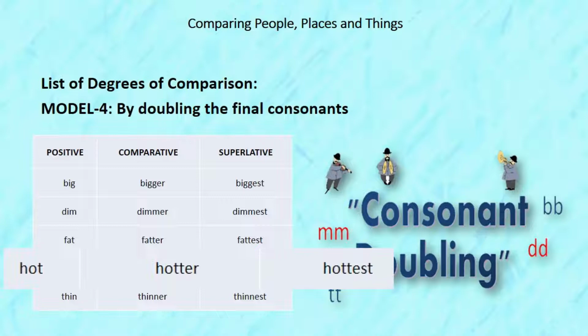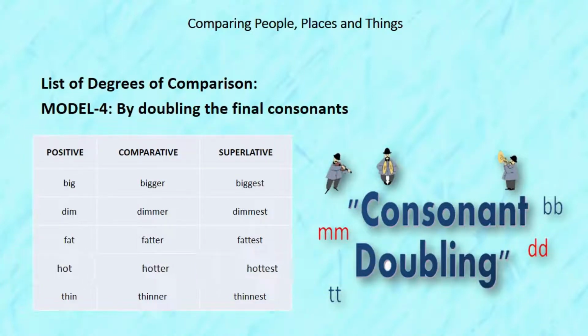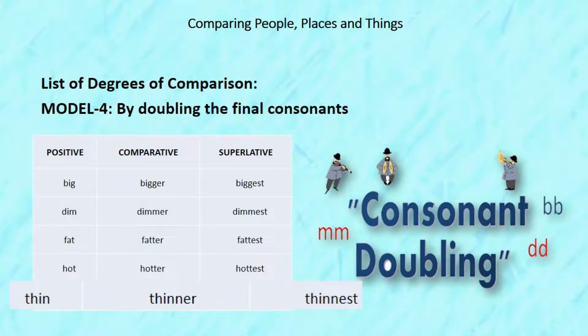It becomes hottest in the superlative form with the usage of 2 T's and an addition of EST. The same way, thin becomes thinner in the comparative form with the usage of two N's and an addition of ER, and thinnest in the superlative form with the usage of two N's and an addition of EST at the end.